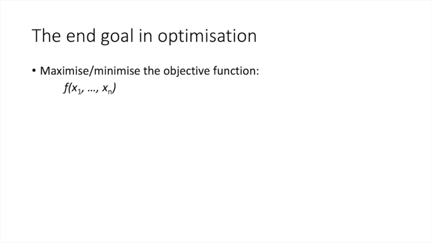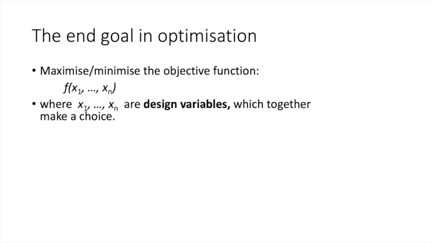I'm using some mathematical notation here where f is the objective function, and to evaluate this function we take as input some variables that we label x1 through xn. Once we have supplied the values of these variables, the function f is able to compute an objective value.